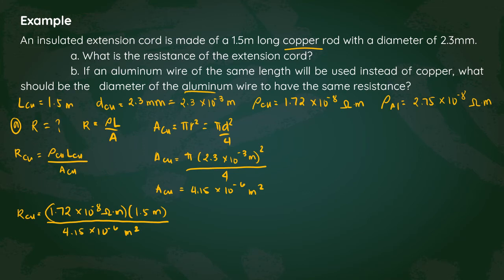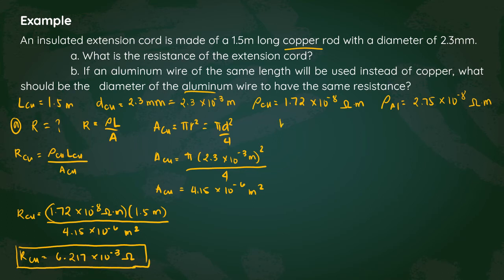So what will be the resistance? The resistance of the copper wire will be 6.217 times 10 raised to negative 3 ohms. So this is the resistance of the copper wire.